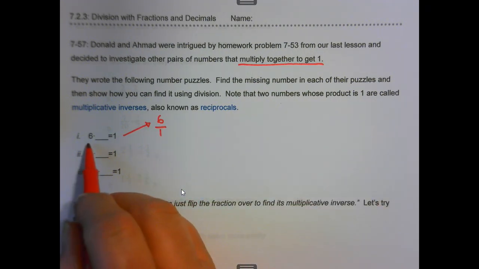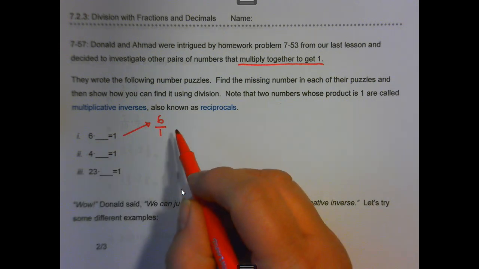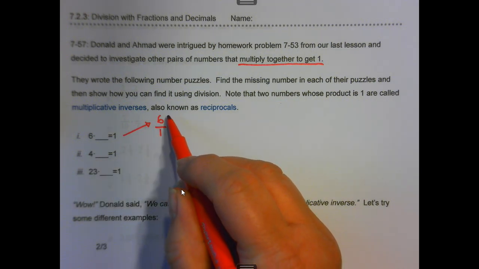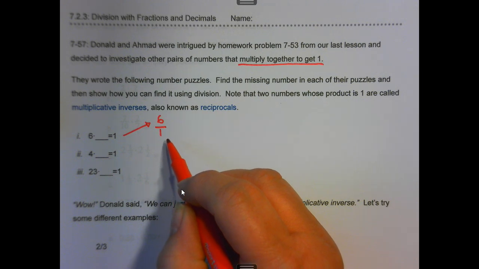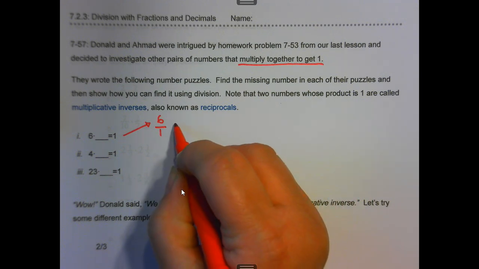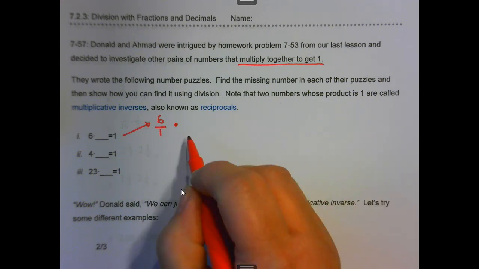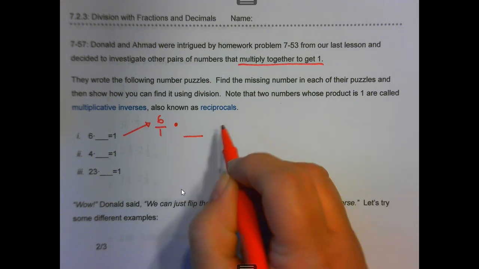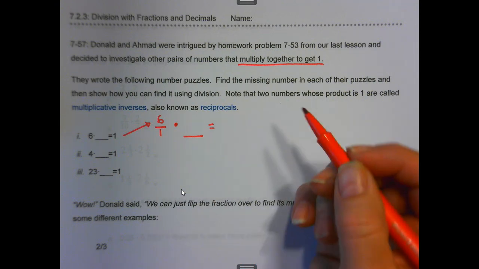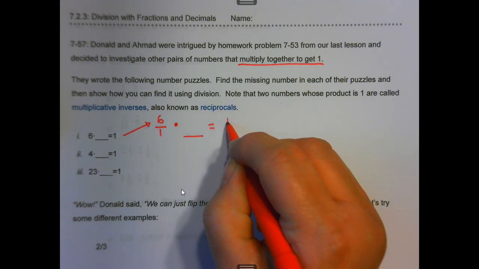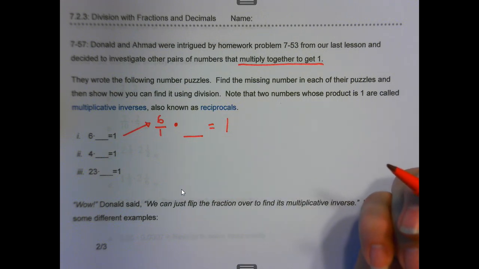So this 6 that is a whole number, I'm not changing the value, but I'm changing the way that it looks when I write it as a fraction like this. This makes it a whole lot easier for me to figure out what is missing, that I would multiply together with 6 over 1 to get an answer that is equivalent to the number 1.